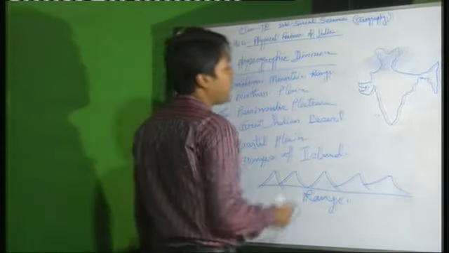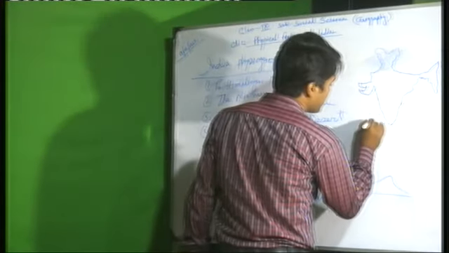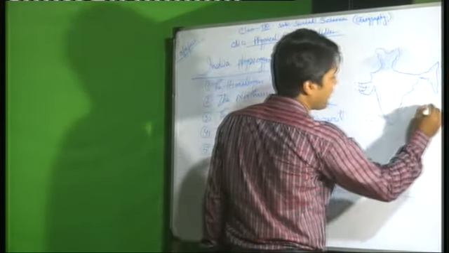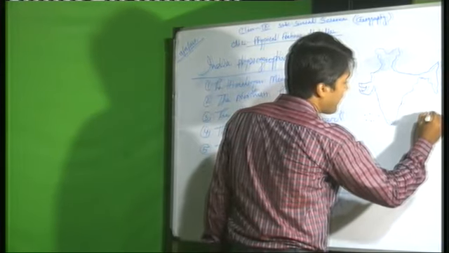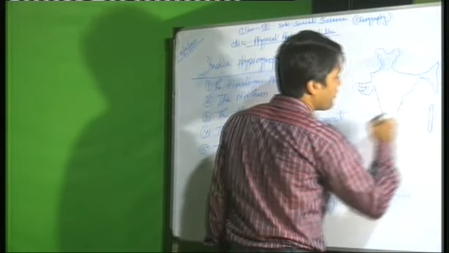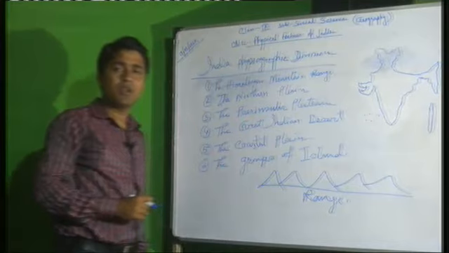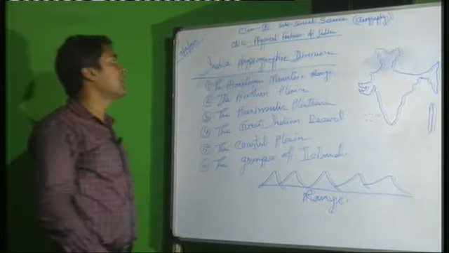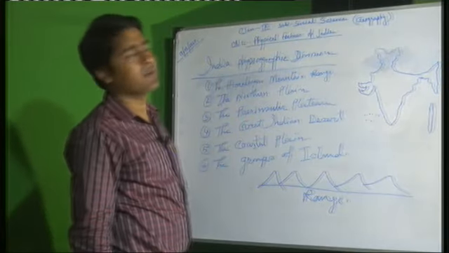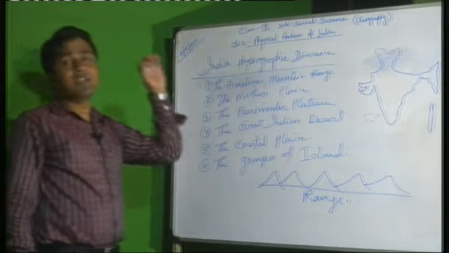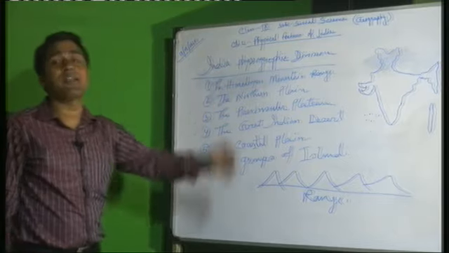Now the 2 groups of island: one is Lakshadweep, which is situated in the Arabian Sea, and another one is Andaman and Nicobar, which is situated in the Bay of Bengal. These 2 groups of island are also situated in our country. So these are the total physical features or physiographic divisions in our country. That's why India's physiographic division has great variation.